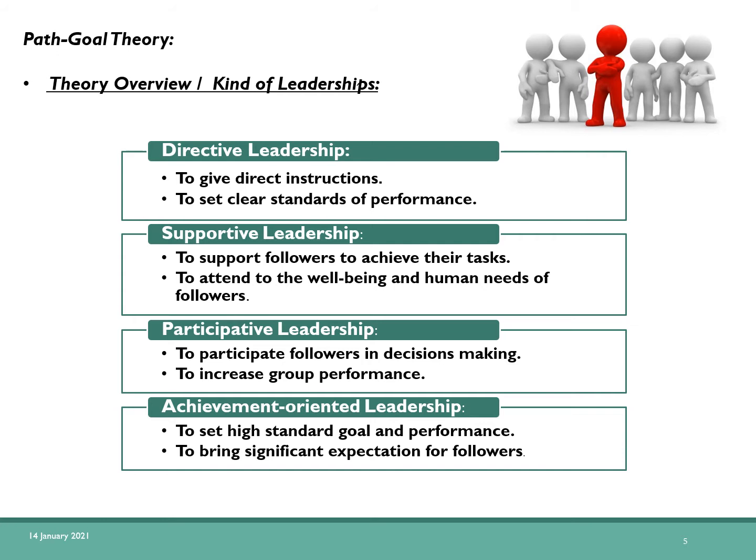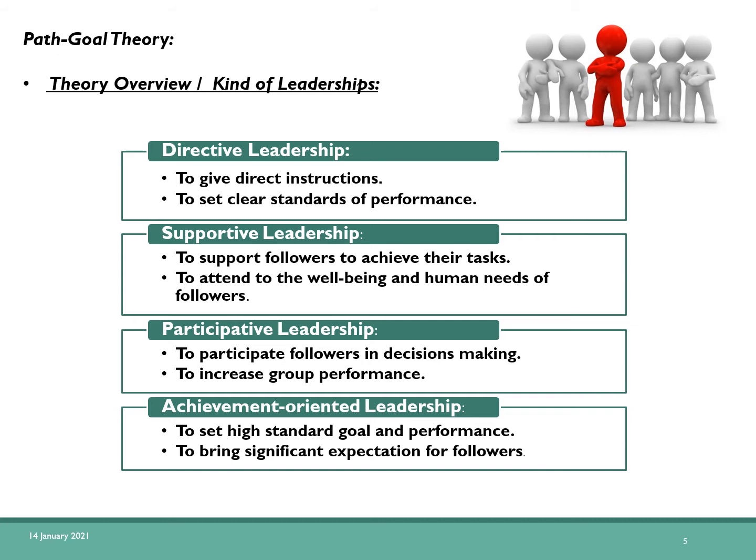The second one is supportive leadership. Supportive leadership consists of being friendly as a leader and includes attending to the well-being and the human needs of the follower. Leaders using supportive behaviors go out of their way to make work pleasant for followers.